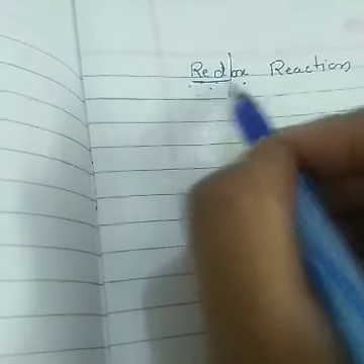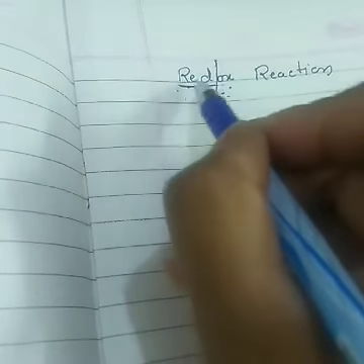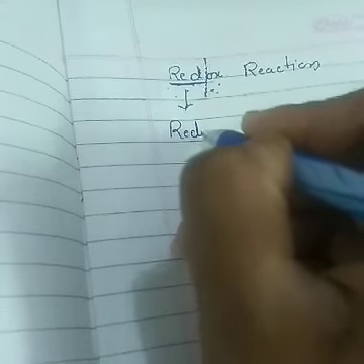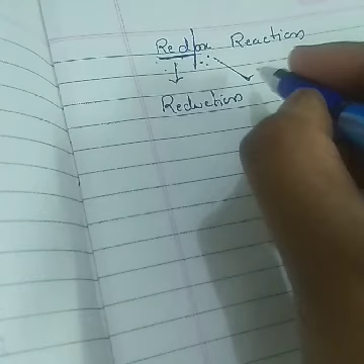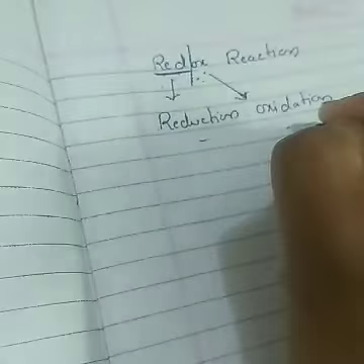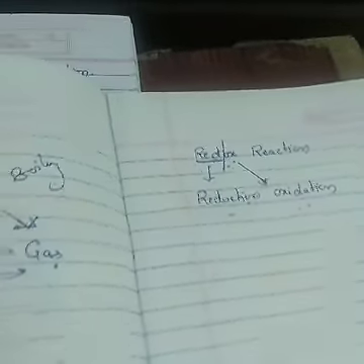Once again, divide the word redox into two halves. RED means reduction, OX means oxidation. The reaction in which reduction and oxidation are taking place is called a redox reaction.